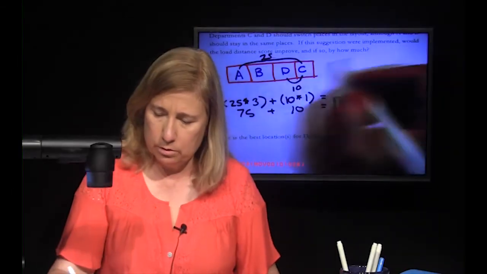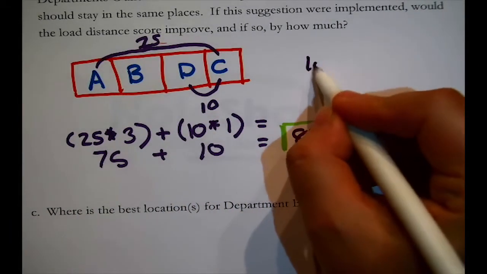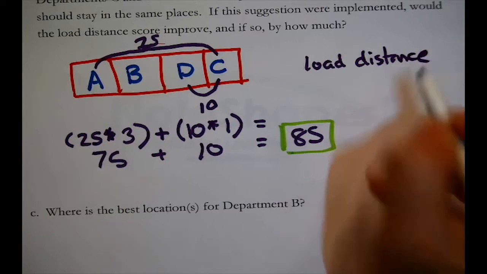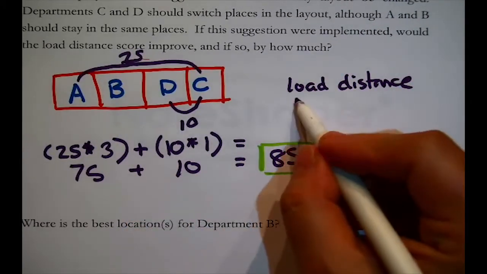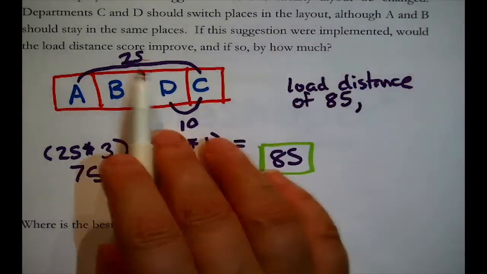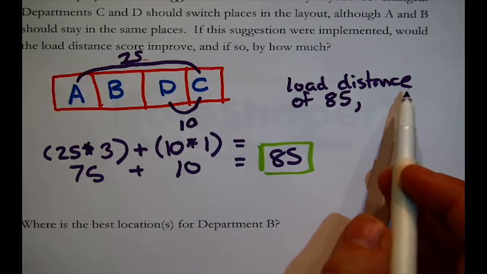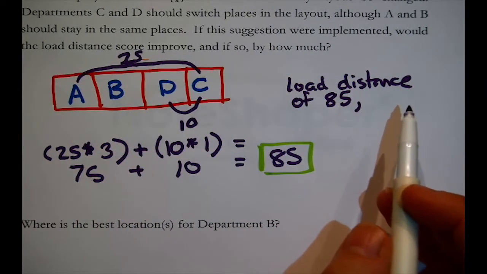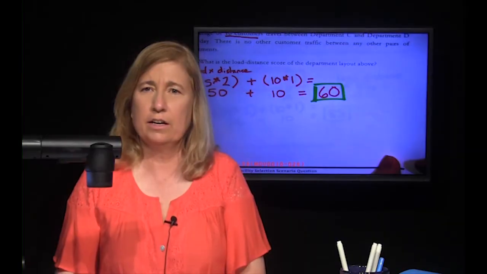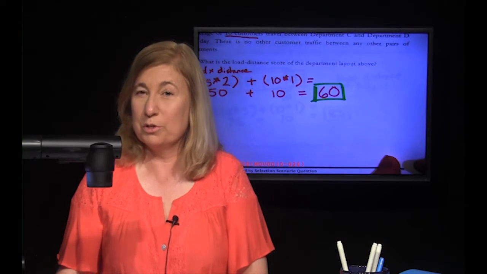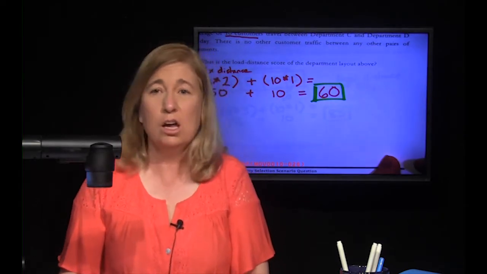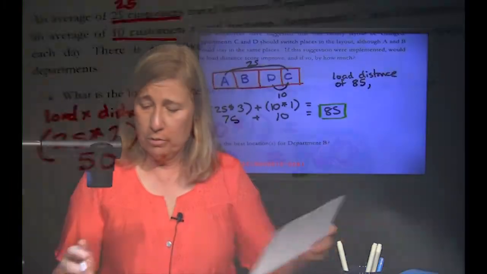To respond to the question, the load distance is 85, and by how much would it improve? Wait, what, improve? The last one was 60. And in load distance, you always want to score as low as you possibly can. So that's kind of a trick question because it won't improve.